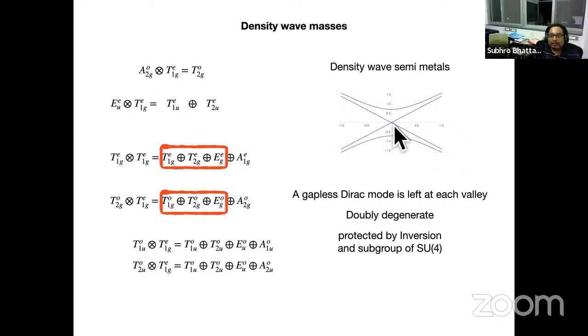These are the density wave semimetals, and when we want to think about them, they have both broken symmetry as well as gapless fermions. They are like the spin density wave metals, but the semimetallic versions of them. One can try to understand some of these features, which I can discuss after the talk.